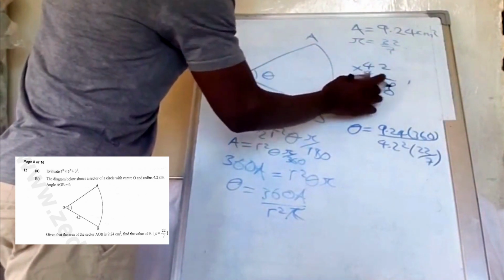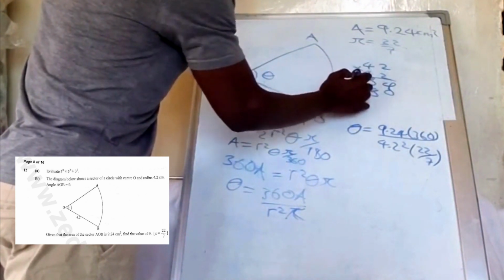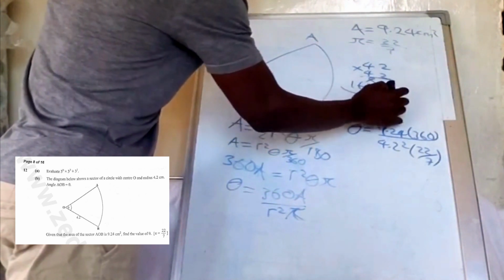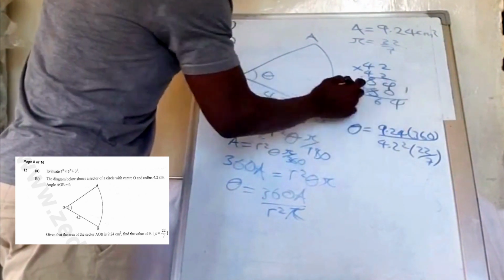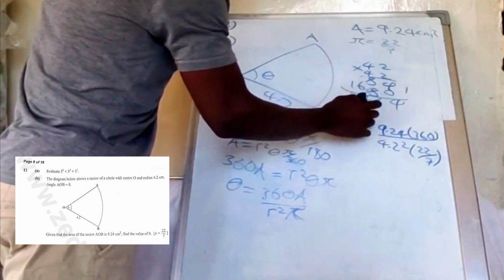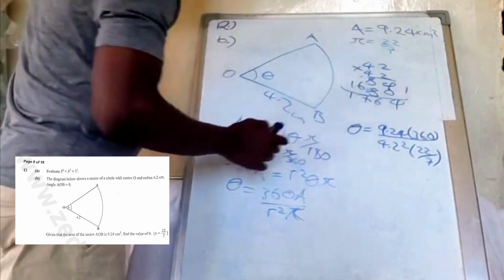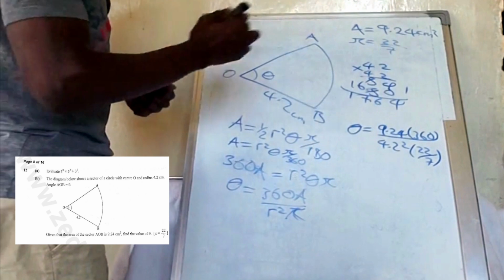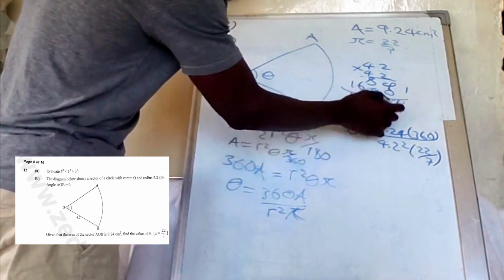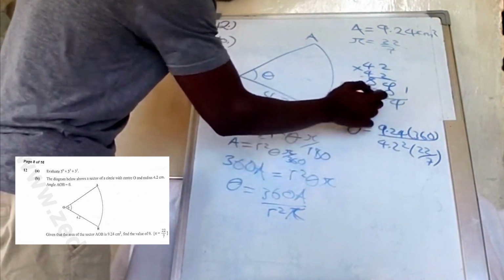Then 4 by 2 is 8, 4 by 4 is 16. This will give us 1764. We had 2 decimal places, so this is 17.64.